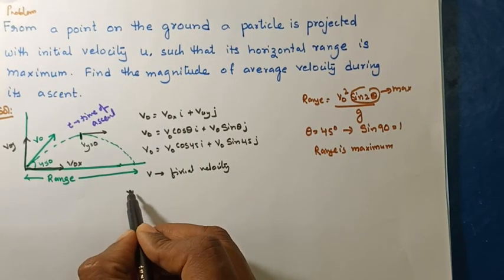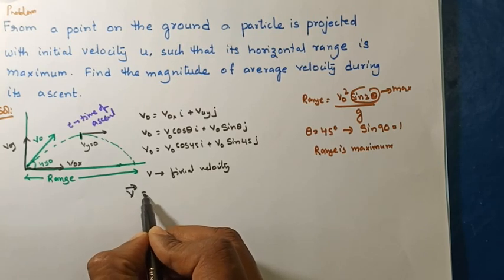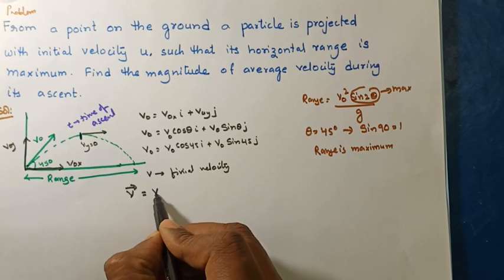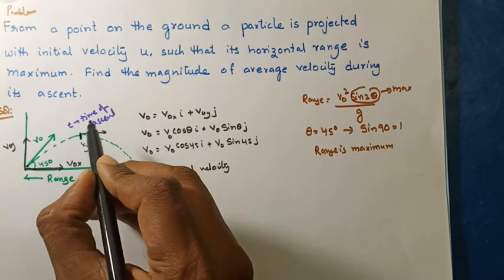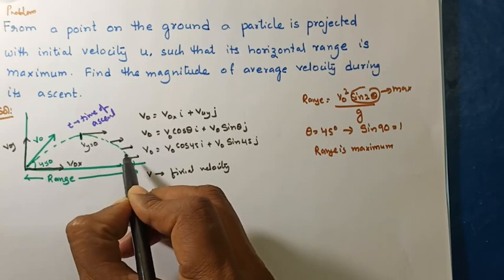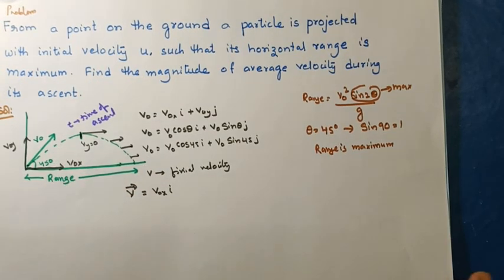When you want to write the final velocity vector, it equals simply v naught x i only, because throughout the motion it has only a constant v naught x or vx value, but the v naught y value or vy value keeps changing. The vertical component of velocity throughout the motion of a projectile is changing, while the horizontal component of velocity remains constant, right?